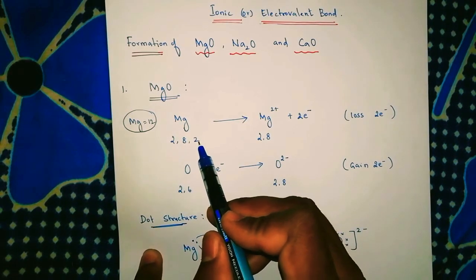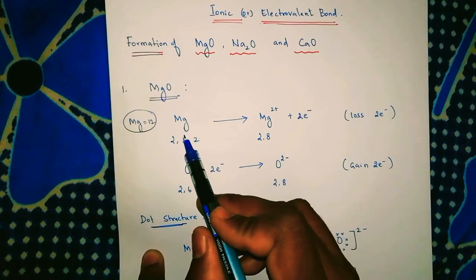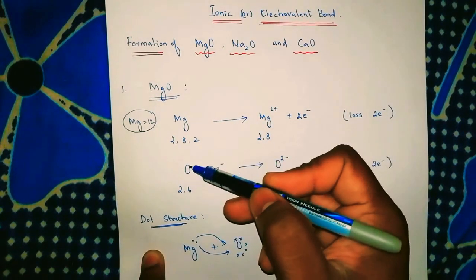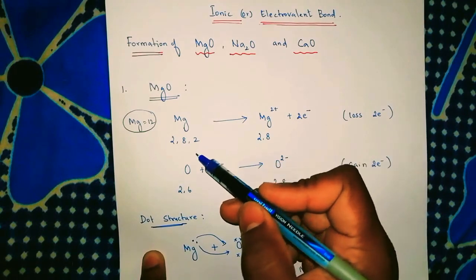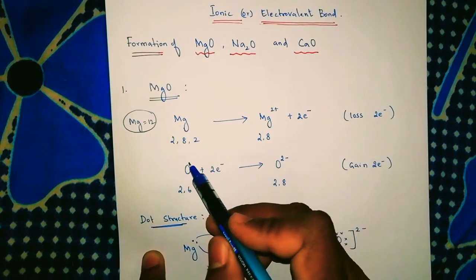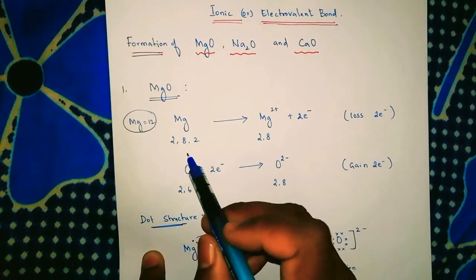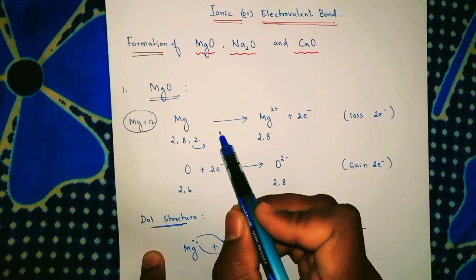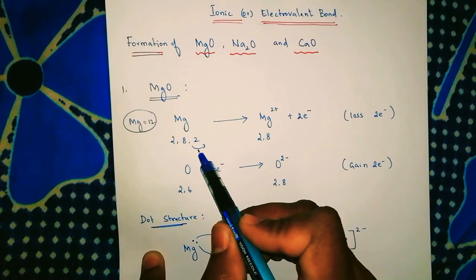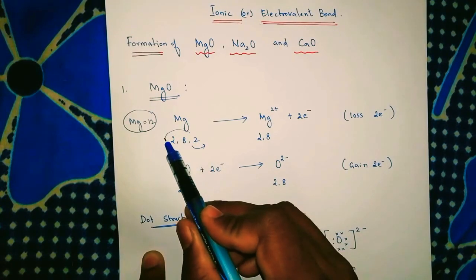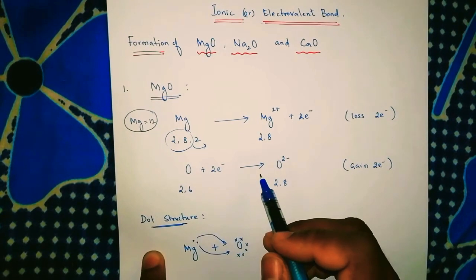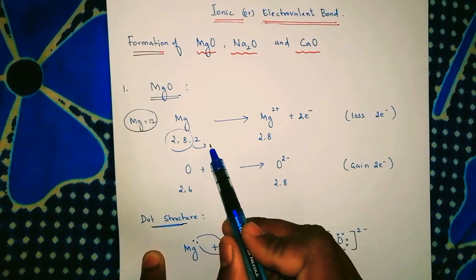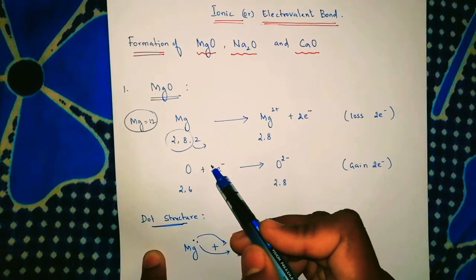So magnesium needs 6 more electrons, that is, it has to gain 6 more electrons to form the octet configuration. But the other way, if it loses these 2 electrons, then it will attain the noble gas configuration, right?